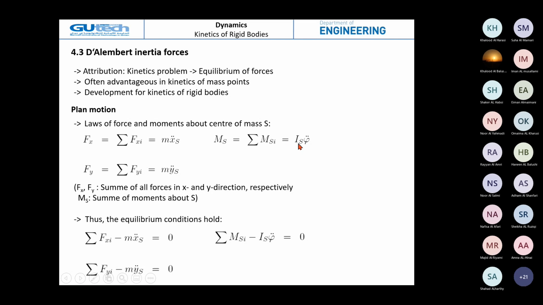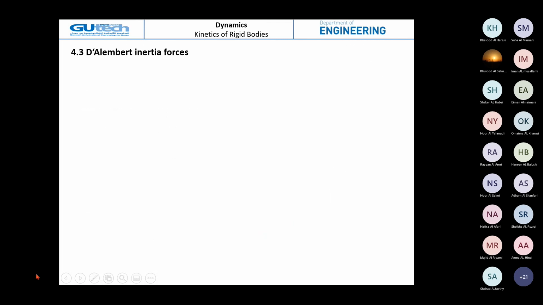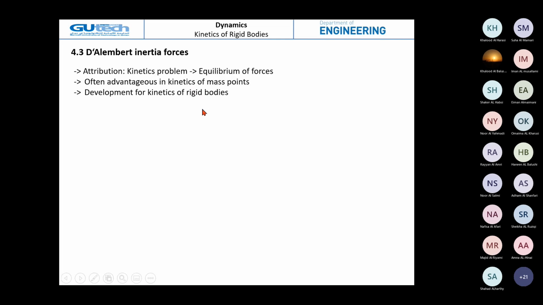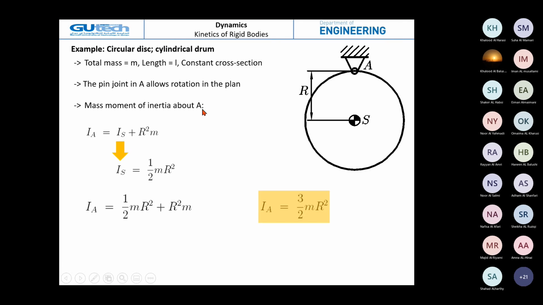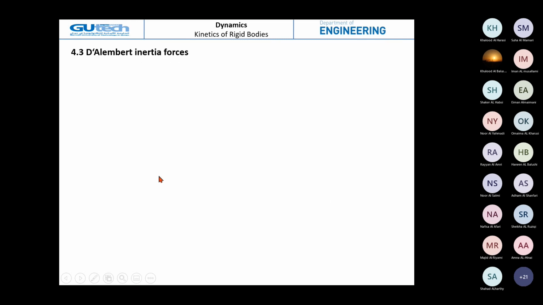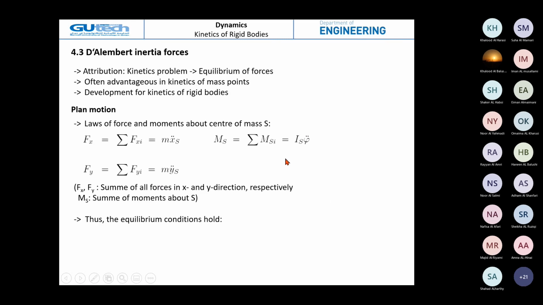And here it's expressed by I_S, which is here, yeah. That's what we have here, I_S, okay, multiplied by the angular acceleration, okay. This is in, let's say, a polar coordinate system.